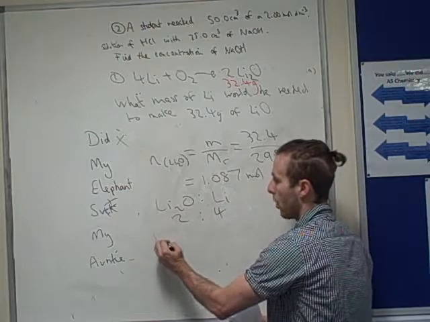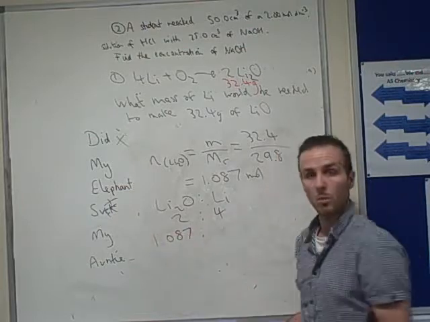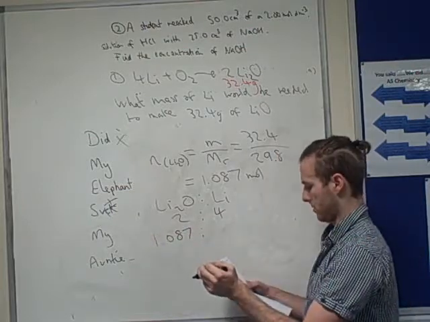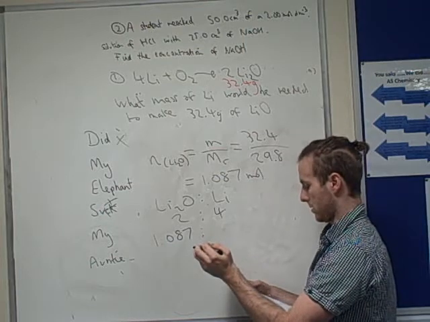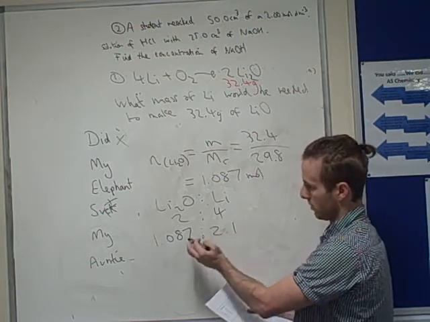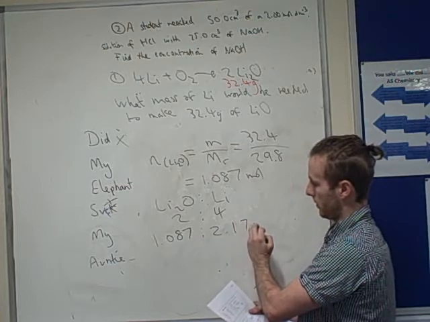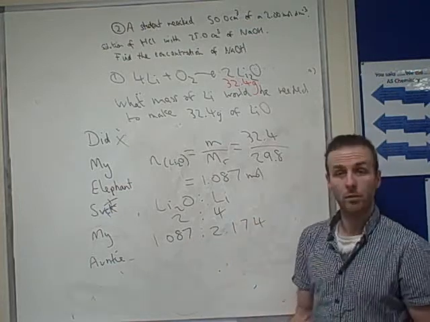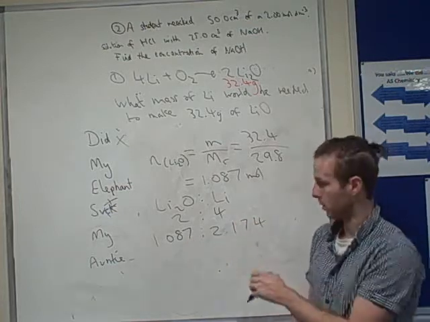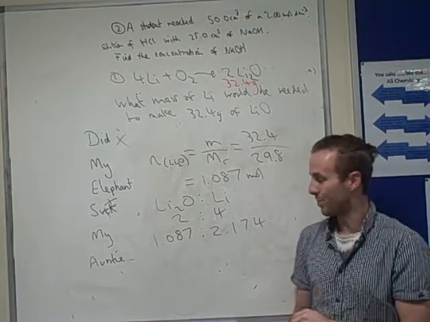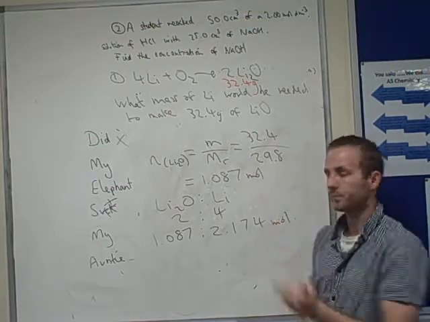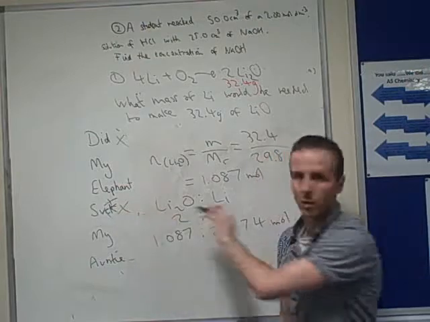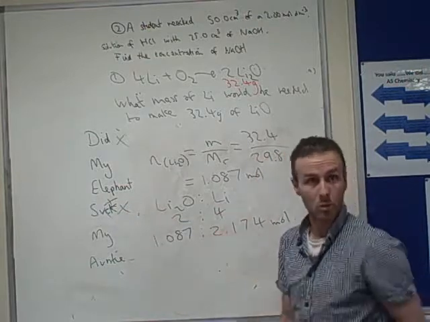So if I have 1.087 moles of this, I'll have 2.174 moles of lithium there. Just basically double it. We're not doing a sample today, but remember that's where it would go.